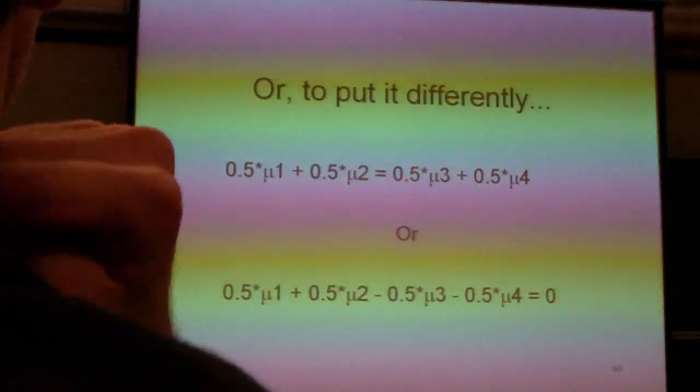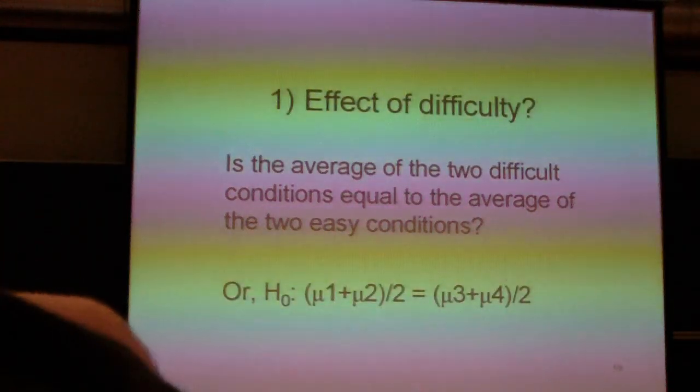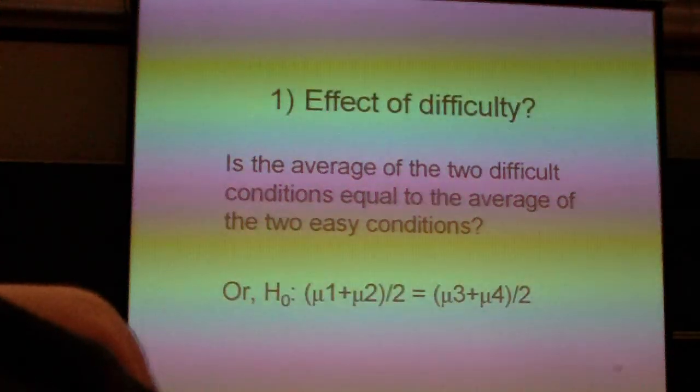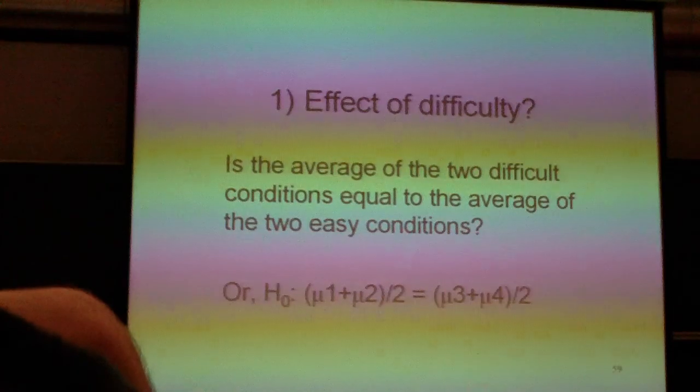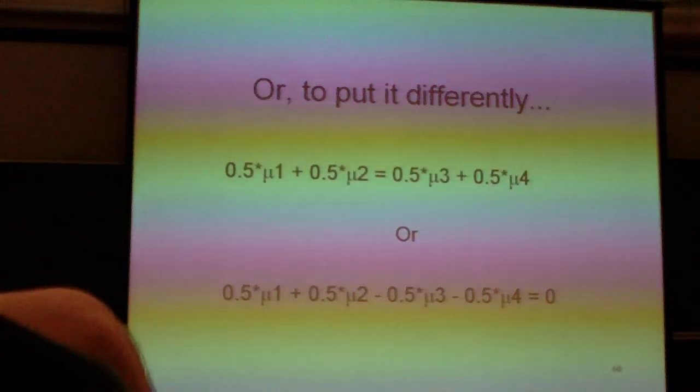This is exactly the same question as I phrased over there. If I look at the average of the first 2 mu values, are these equal to the average of the last 2 mu values? This is what we find in this last row.